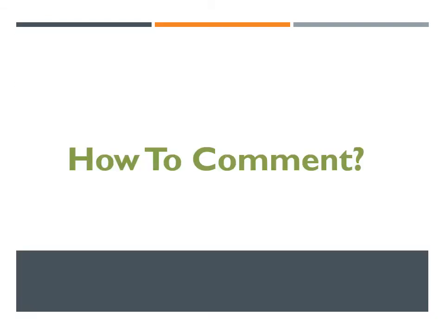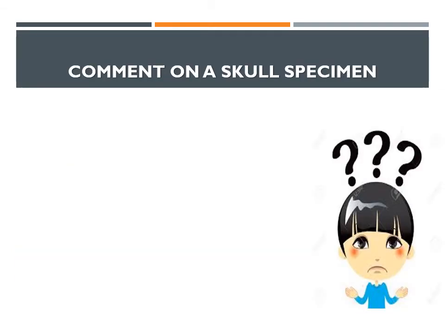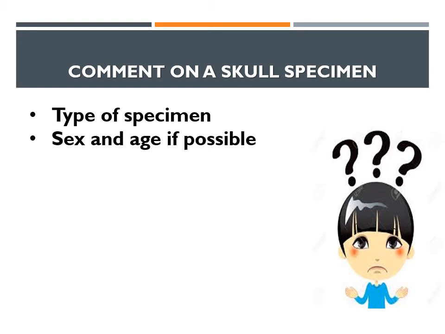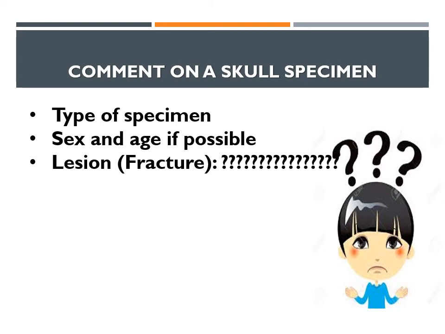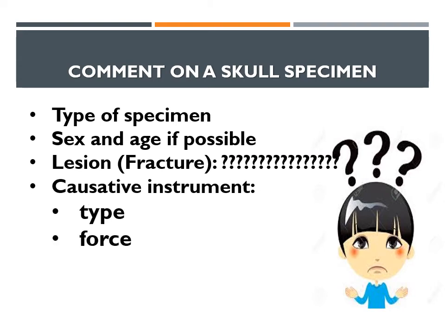How to comment on head injuries slides. To write a comment on a skull specimen or head injuries slides, we must cover the following items: type of specimen, sex and age if possible, lesion or fracture, and the possible instrument, type of the instrument and the force.